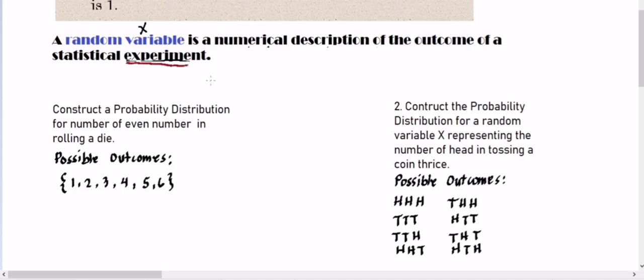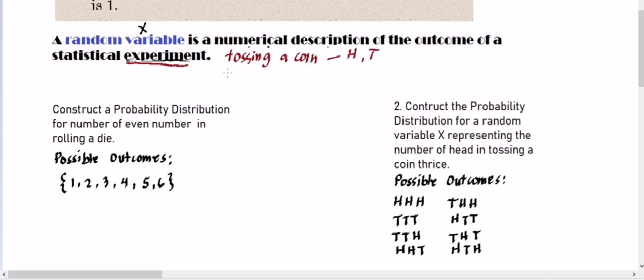There are three commonly used experiments in probability. Una is tossing a coin, wherein the possible outcomes are head and tail.